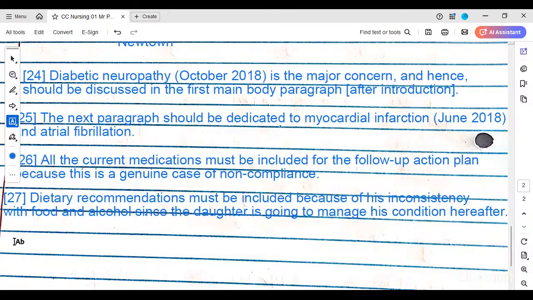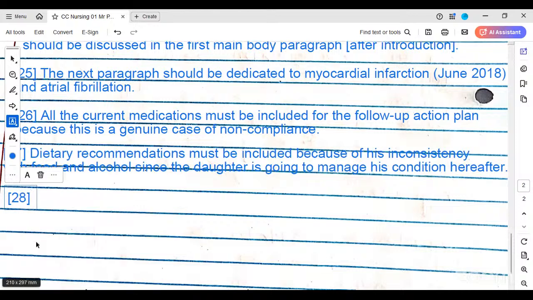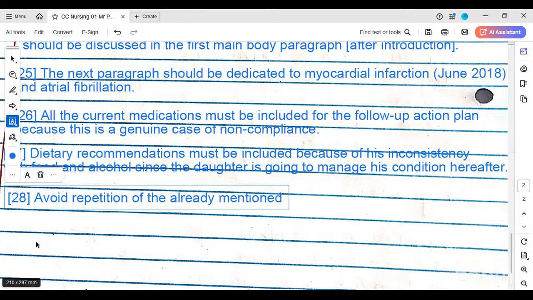One last point, 28. That's already mentioned, but I maintain, avoid repetition of already mentioned aspects. Learn where to place them properly, where it is best. Learn about the best fitting place.